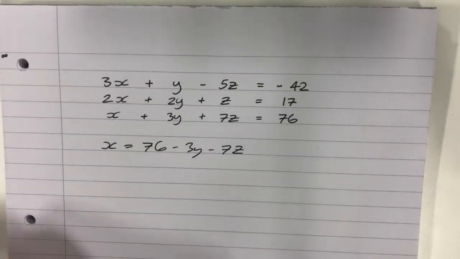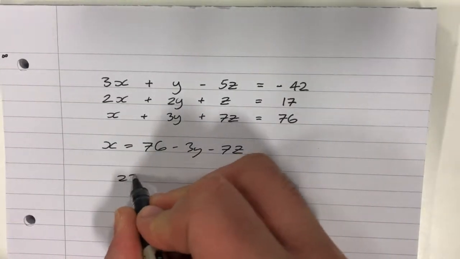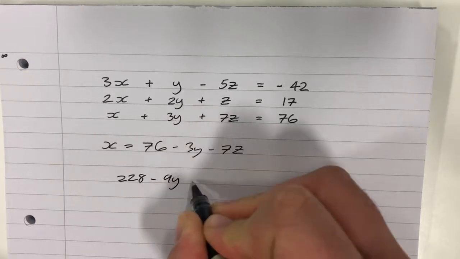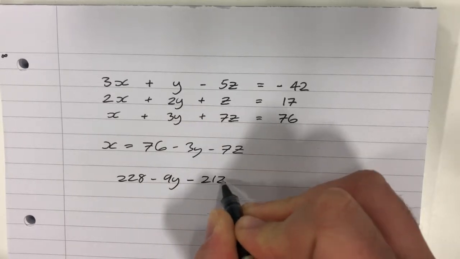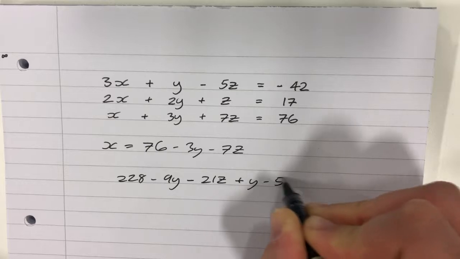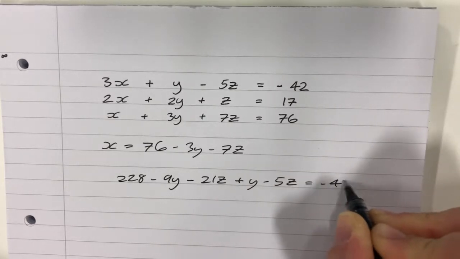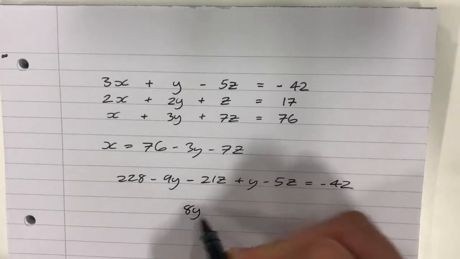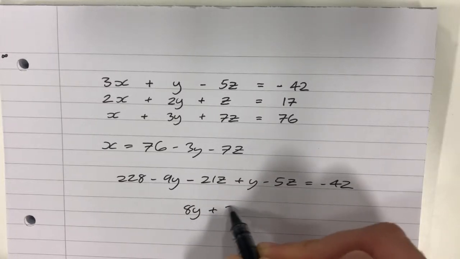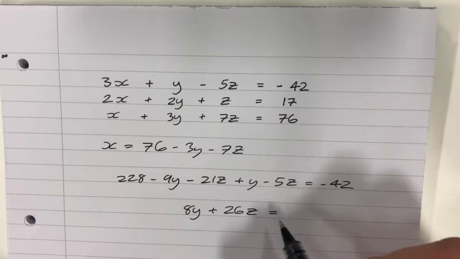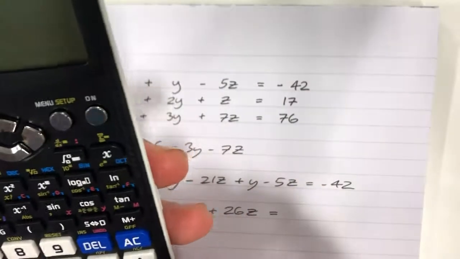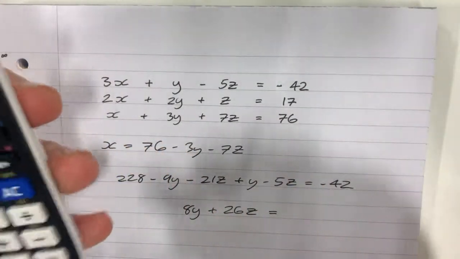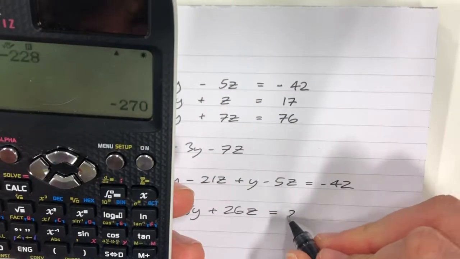3 times 76 is 228, minus 9y minus 21z, plus y minus 5z is minus 42. So I'm going to say that's 8y plus 26z equals minus 42 minus 228, and then I'm going to times up by minus 1.